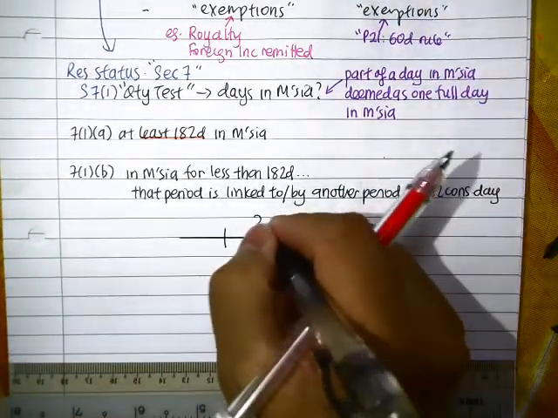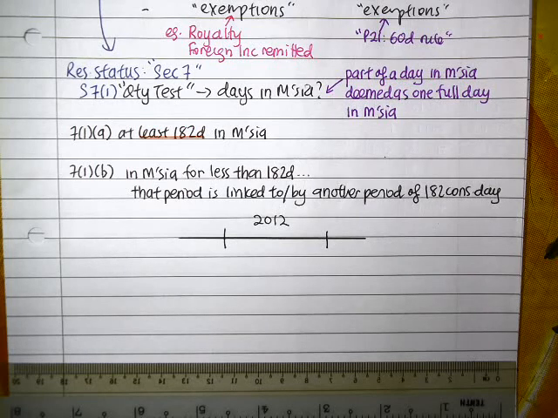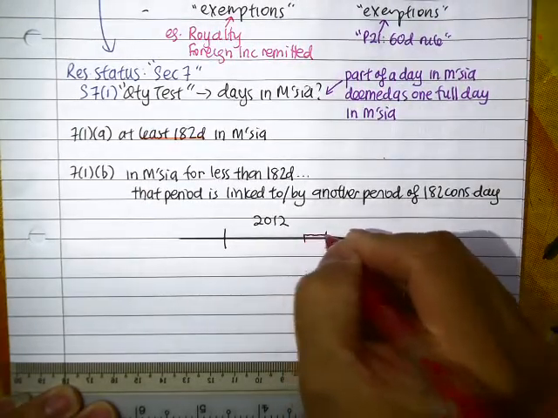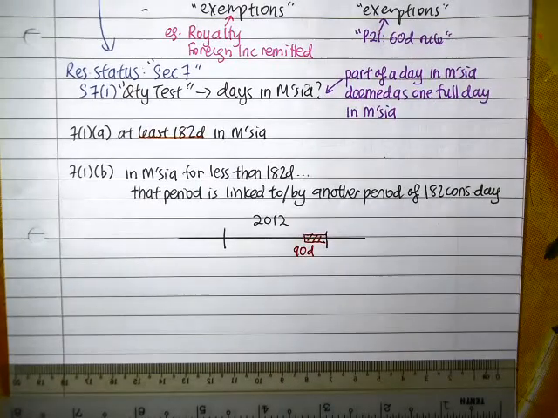Now, let's say this is the year that I want to determine the status, 2012. Alright? Now, so for 2012, now how many days that I'm in the country? Okay, let's say I'm in the country for 90 days.